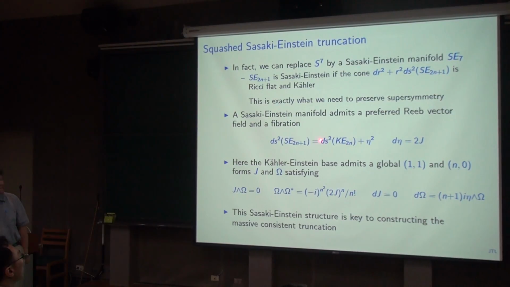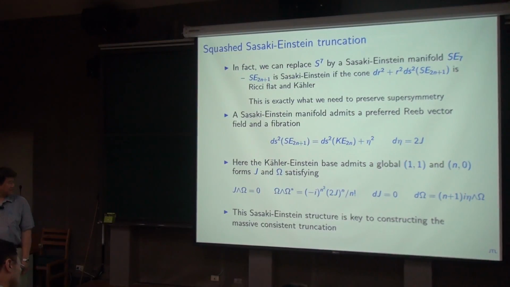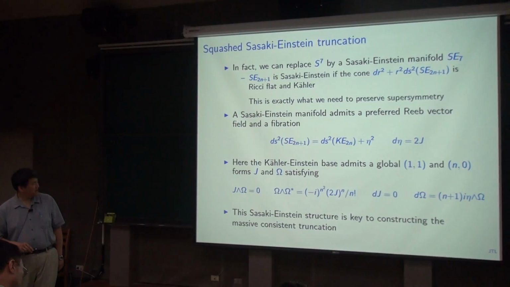Well, one thing about this Kähler-Einstein base is it has a Kähler form, a 1-1 form. It also has a holomorphic 3,0 or holomorphic n,0 form, which you can call capital omega, something like the Calabi-Yau form, except that it's not necessarily Ricci flat, it's Einstein, so it's not closed.